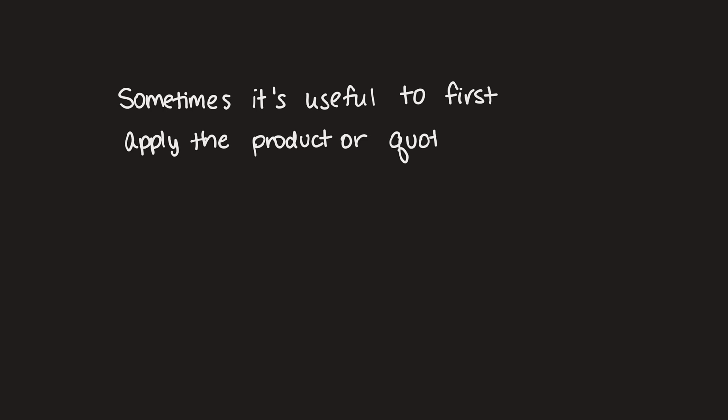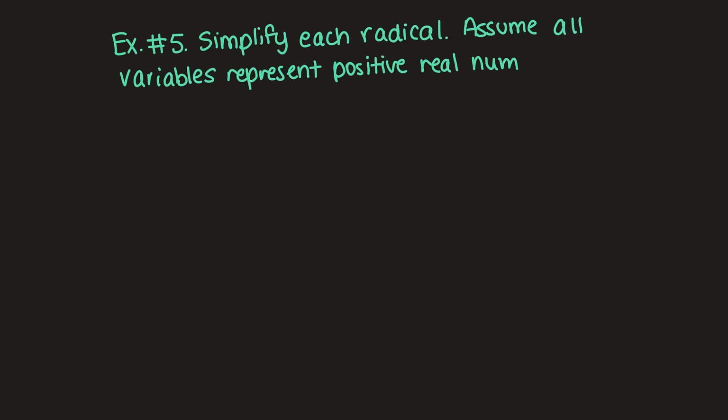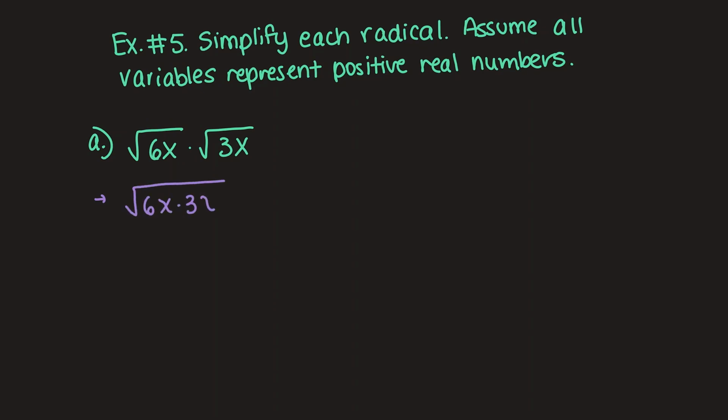So sometimes it's useful to first apply the product or quotient rule of square roots, and then simplify. So for this example, we can't simplify the square root of 6x or the square root of 3x, but we can use the product rule to combine them, and this becomes the square root of 6x times 3x, which simplifies to the square root of 18x squared. And then now we have a radicand that can be simplified.